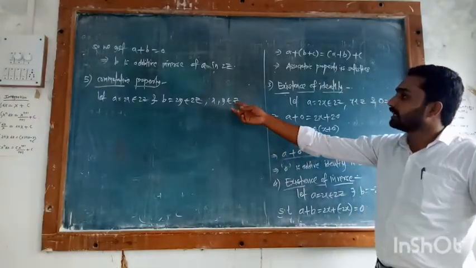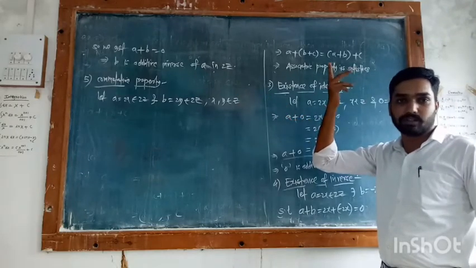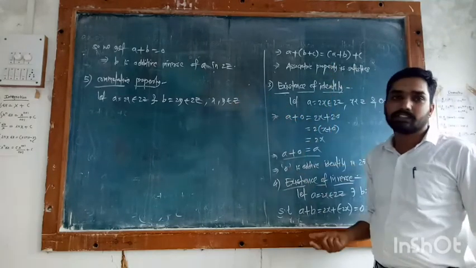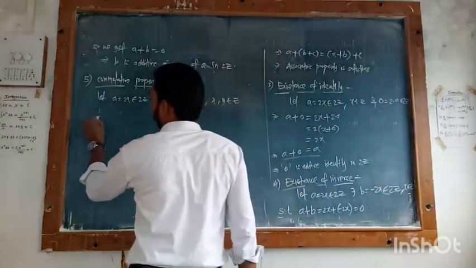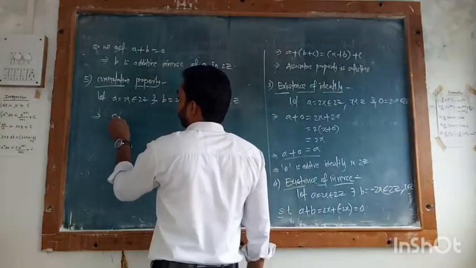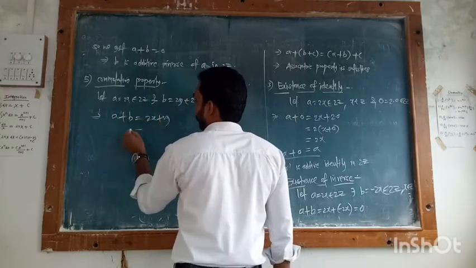And we know that set of integers with binary operation addition is also an abelian group. Therefore x plus y we can write as y plus x also, okay?